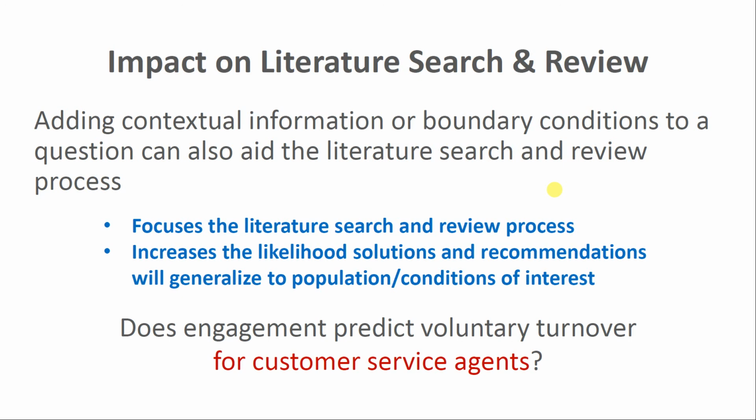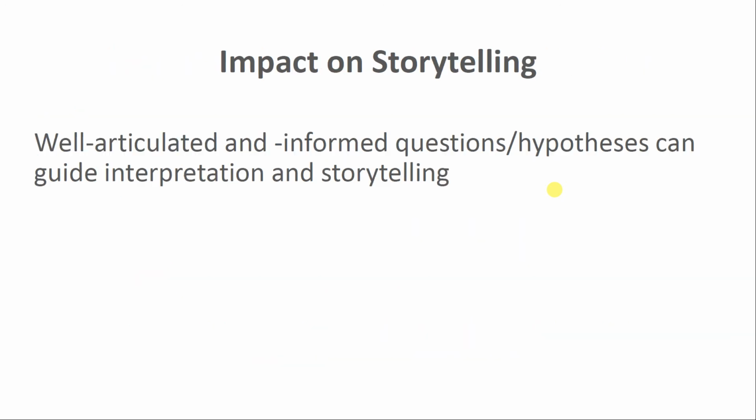Now, in addition, we're going to increase the likelihood that the solutions and recommendations that we generate from our literature search and review process will generalize to the population or conditions or the context of interest. In other words, to our specific problem in our organization that we're attempting to solve.